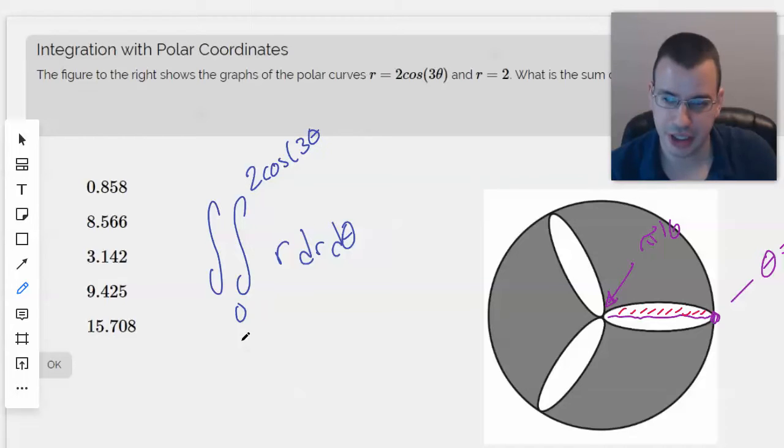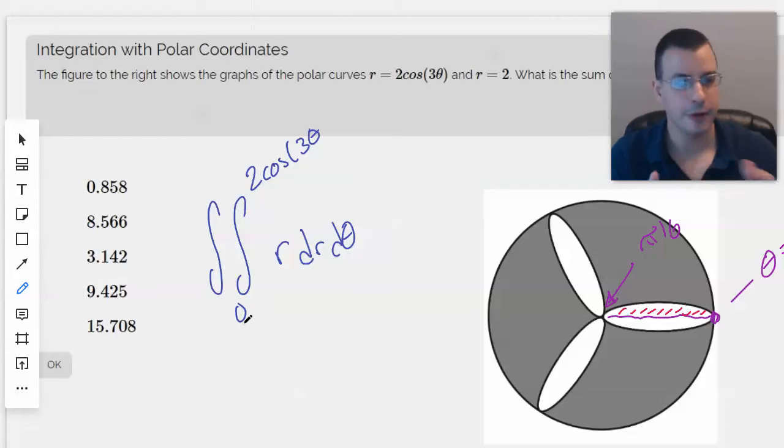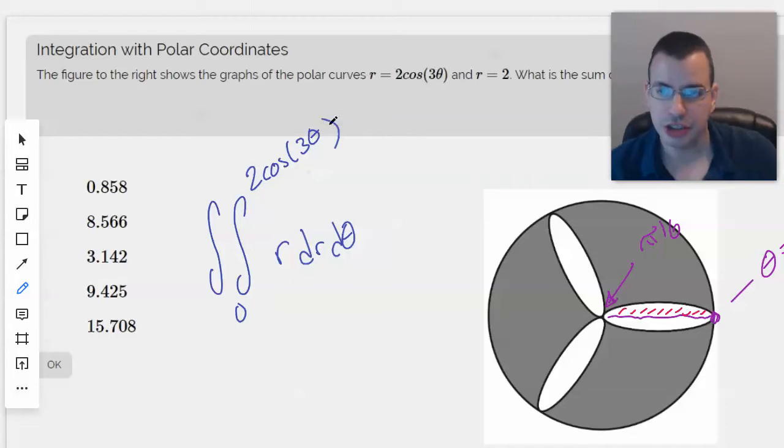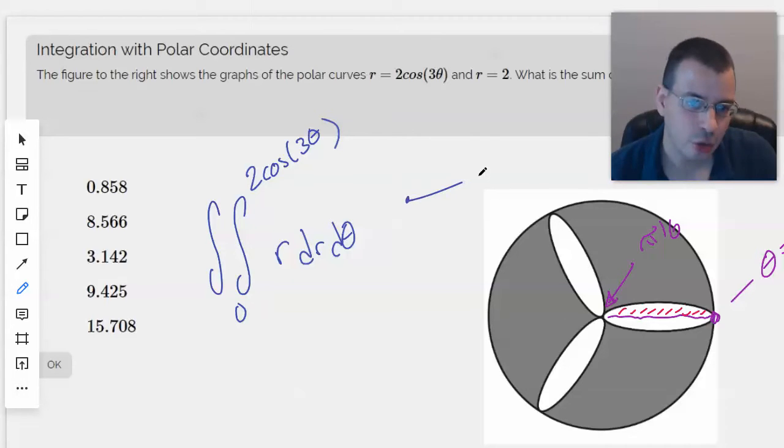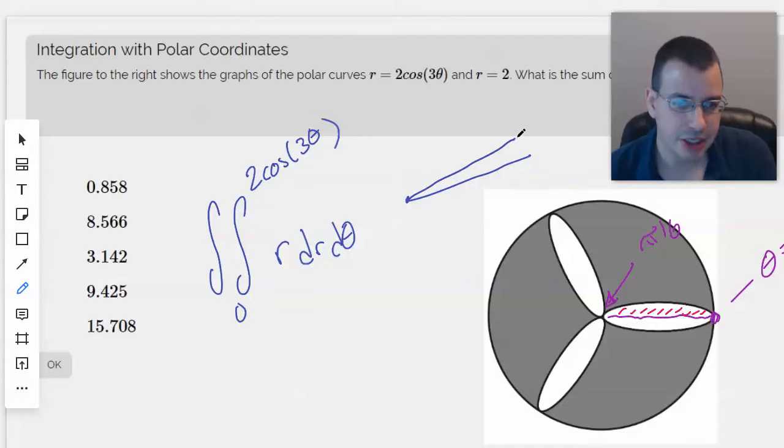This is the initial r, 0, and this is the final r, 2 cosine 3 theta. The idea here is we're basically taking little arc lengths. And for theta, we'll go from 0 to pi over 6.